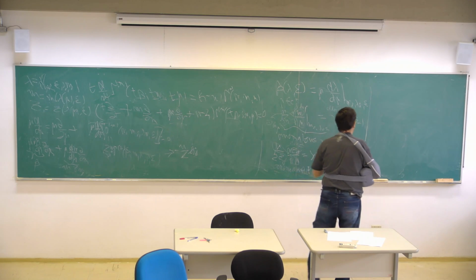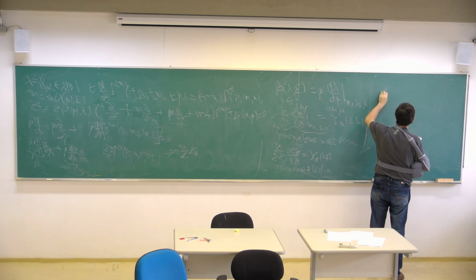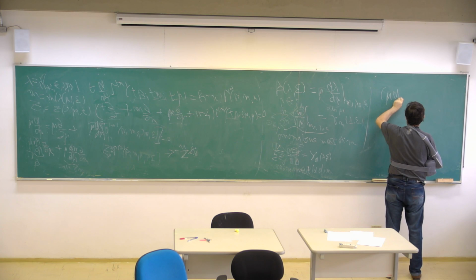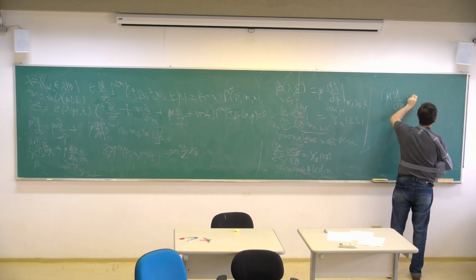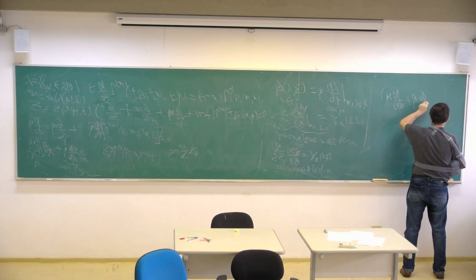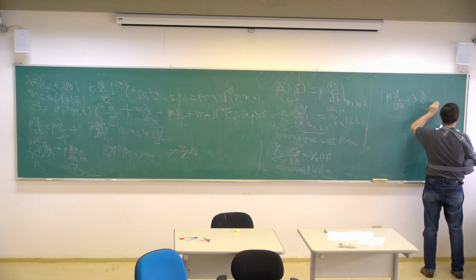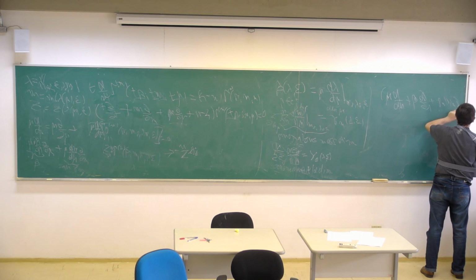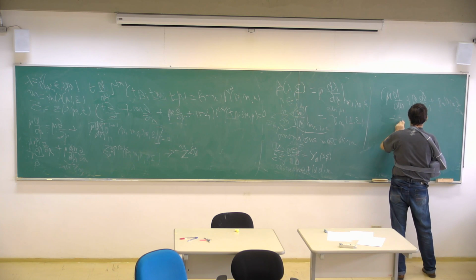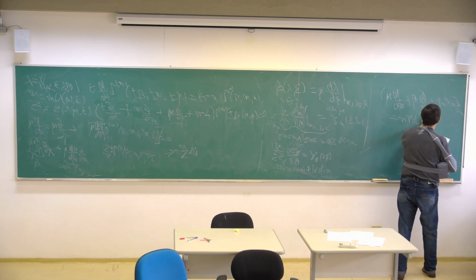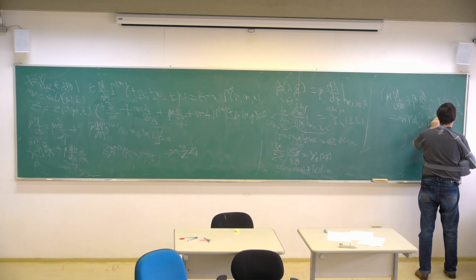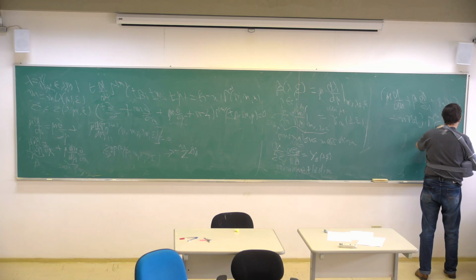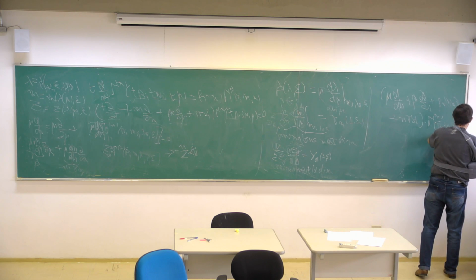So then finally I get that mu d/dmu plus beta d/d lambda plus gamma m times m d/dm minus n gamma d, times gamma n of pi, lambda, m, mu, equal to 0.